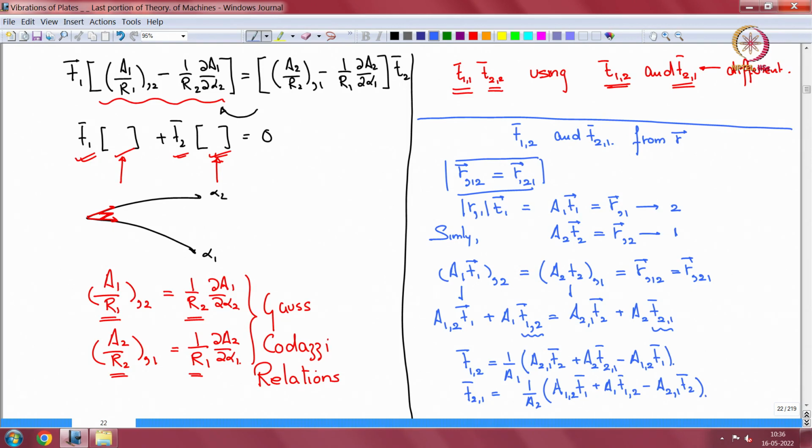Okay, this is a different formula for T1,2 and T2,1 arrived at from R.